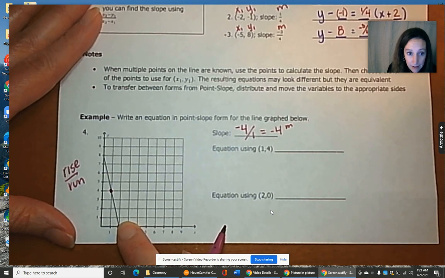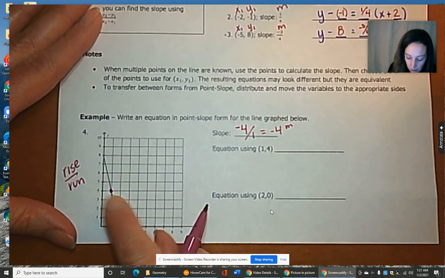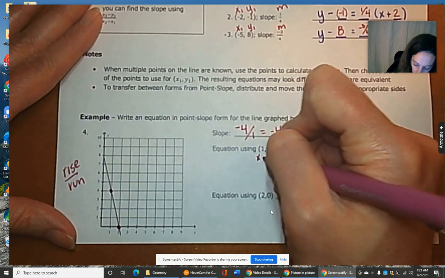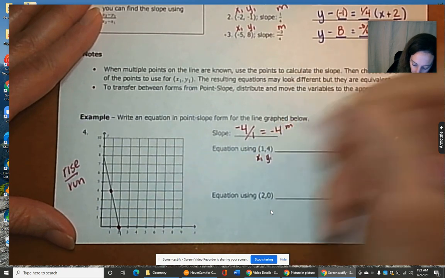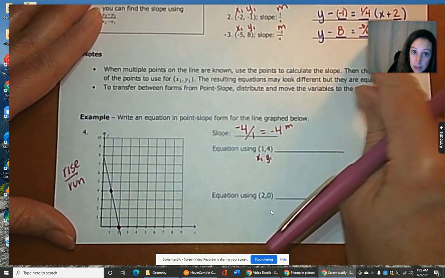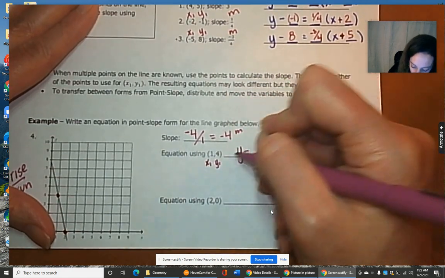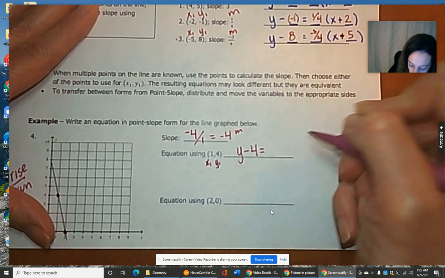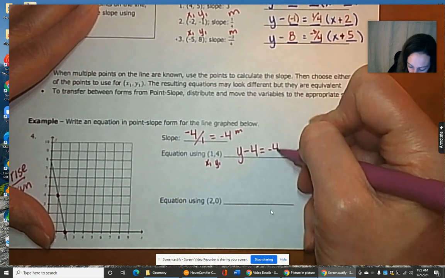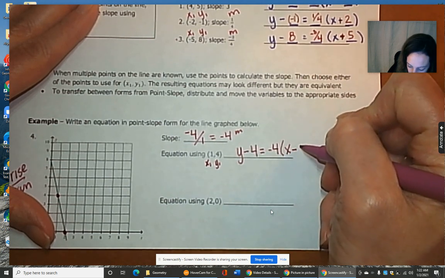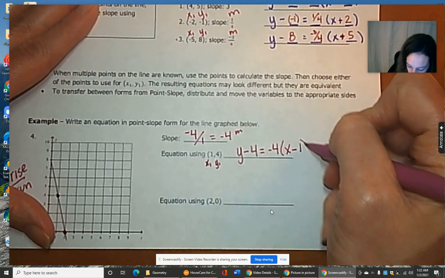It doesn't matter. So if I used 1, 4, then this 1 would be my x1, 4 would be my y1. And if I plugged it into y minus y1, which is 4, equals my slope, which is negative 4, times x minus x1, which is 1.